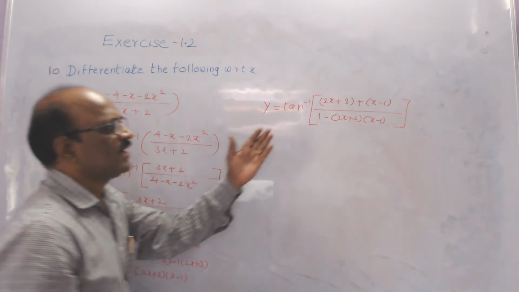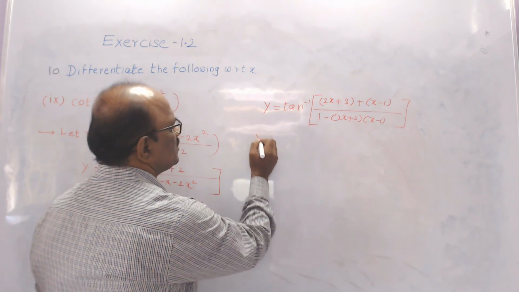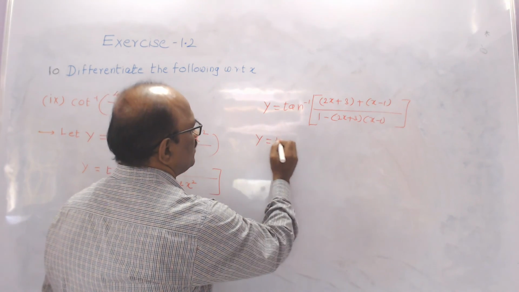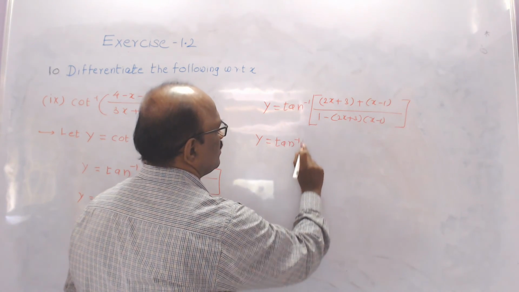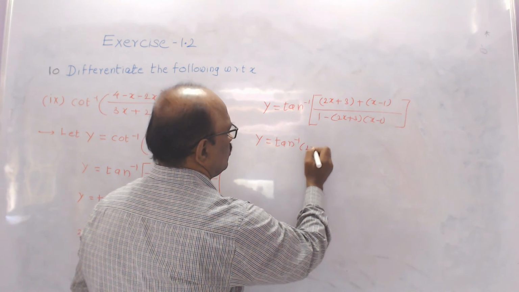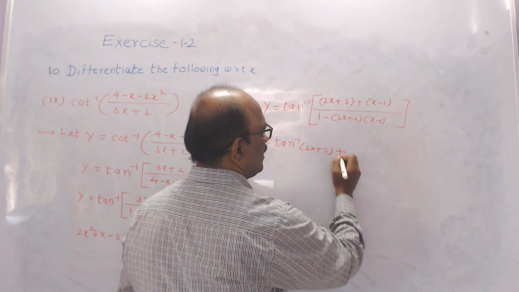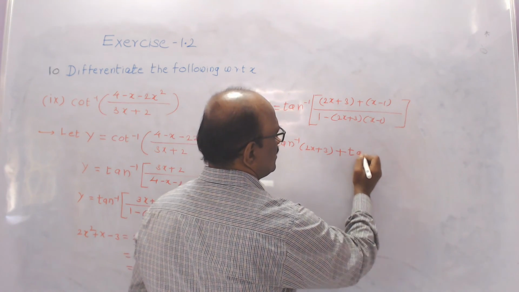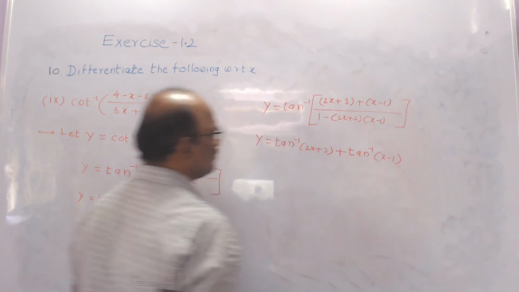Now here again, tan inverse of (a plus b) upon (1 minus a into b) means you will get here tan inverse of (2x plus 3) in the first bracket, and next tan inverse of (x minus 1).